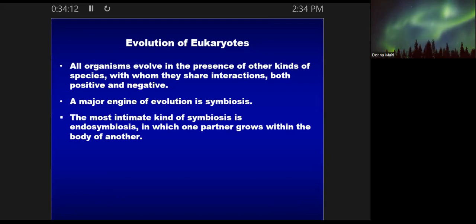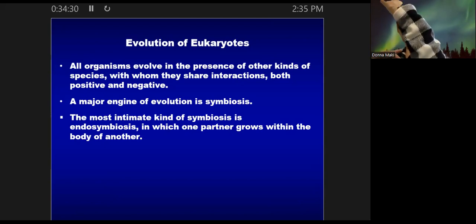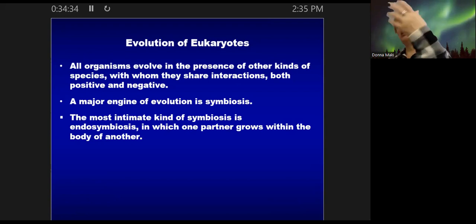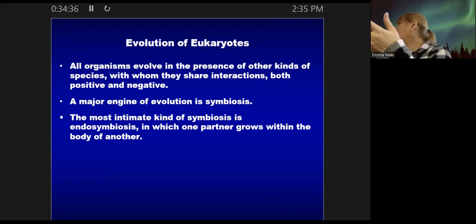So when we think about this shift, okay, 3.5 billion years ago, ancient cells came about. They were prokaryotic, no organelles, no nucleus. And then you have to make this shift into a more complex cell, the eukaryotic cell that has all these organelles, and they're bigger in general. How do you make that shift?